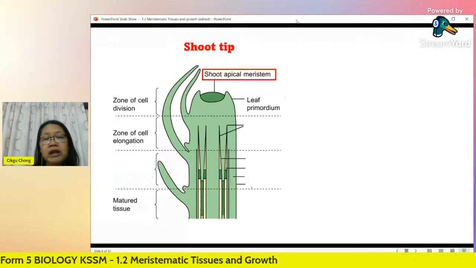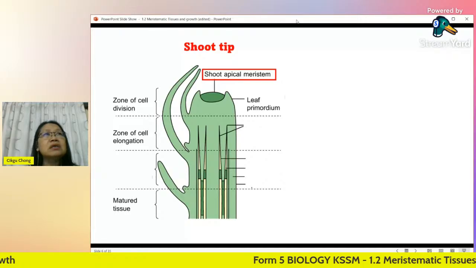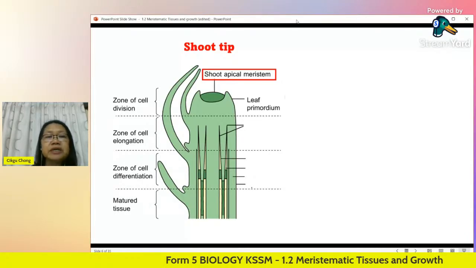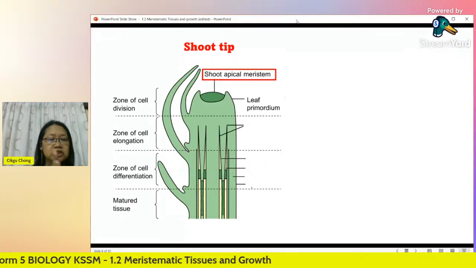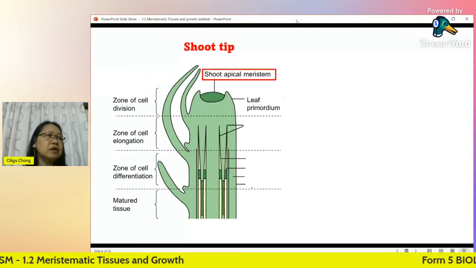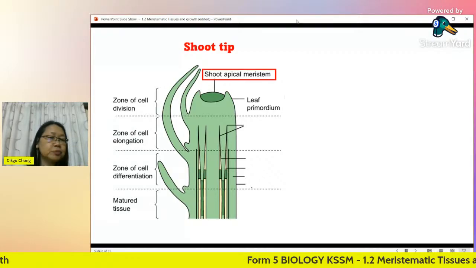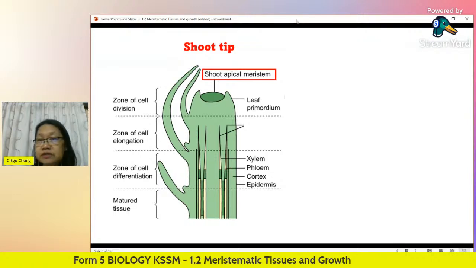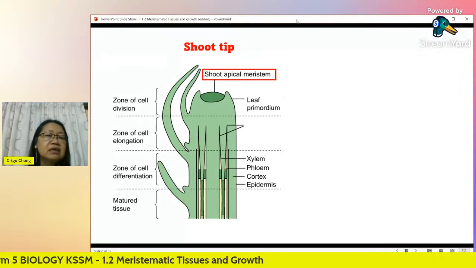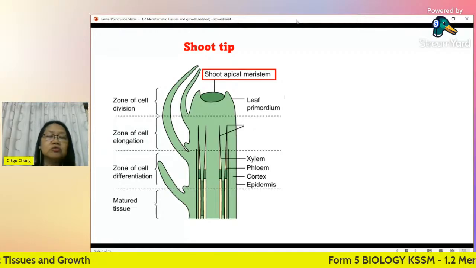Okay, and further down, after these cells have elongated, they will undergo differentiation. Differentiation means not every cell will be the same anymore. Some tissue here will change to become xylem. It will change to become phloem. So in this zone of cell differentiation, there will be xylem, phloem, and some other tissues, you can see the cortex, all this will be formed.